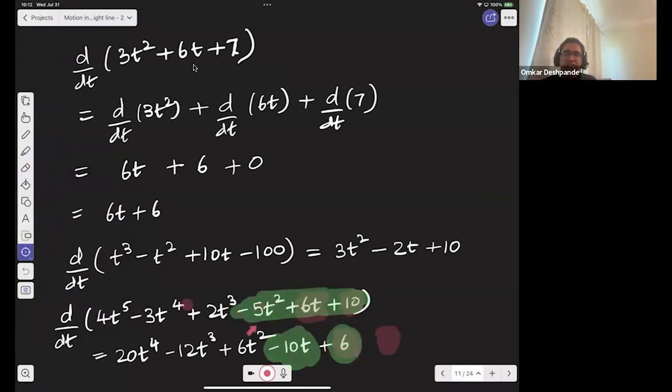A quadratic expression, which produces a power of 1 here for t, because from the original degree 2 term, this power of 2 will get reduced to 1, and this power of 1 will get reduced to a power of 0. And maybe there was some extra constant there which completely disappears.